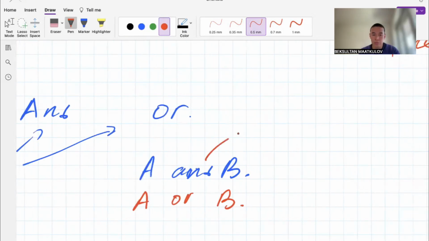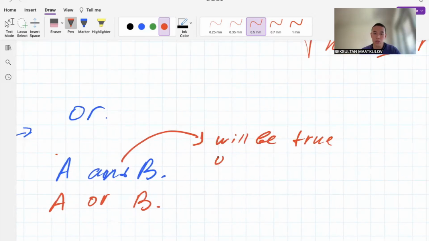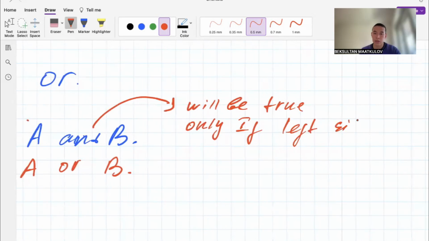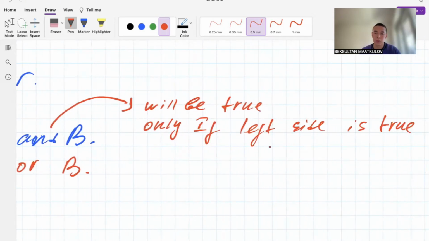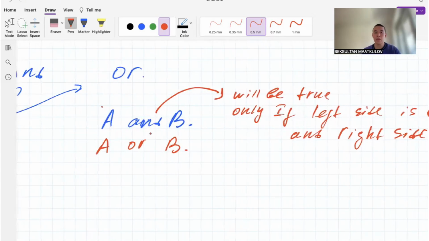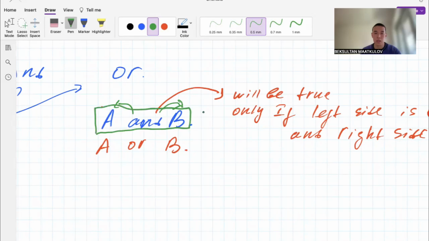In the case of and, so A and B, the whole statement will be true only if the left side is true and the right side is true. For example, here you have A and B, and in our case, A is the left side and B is the right side. So the whole statement A and B will be true only in one case, when A is true and B is true. In all other cases, it will be false.